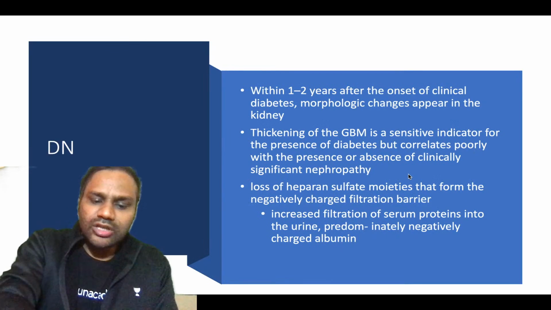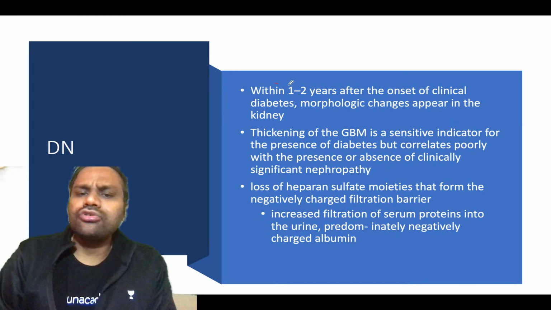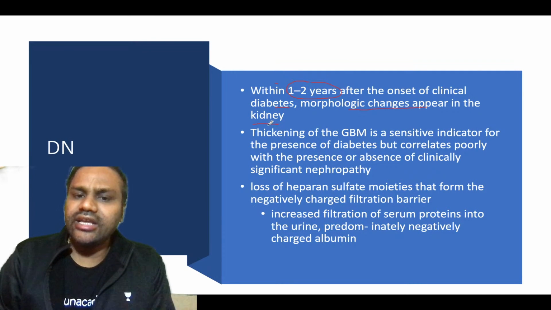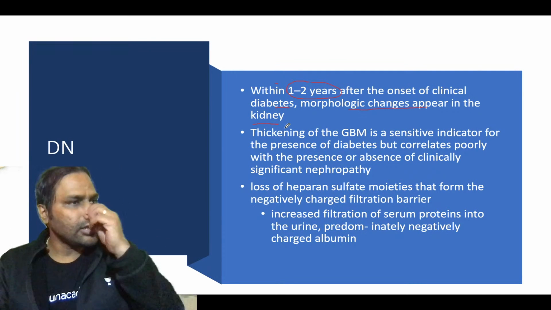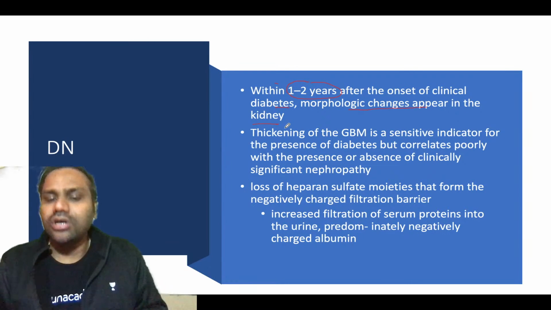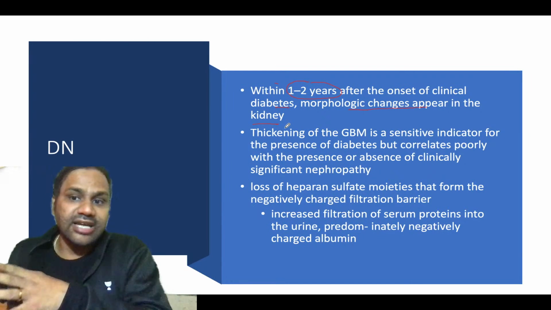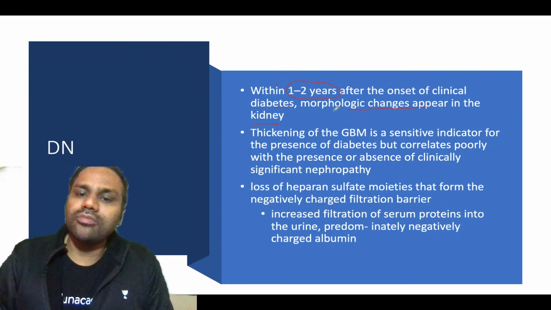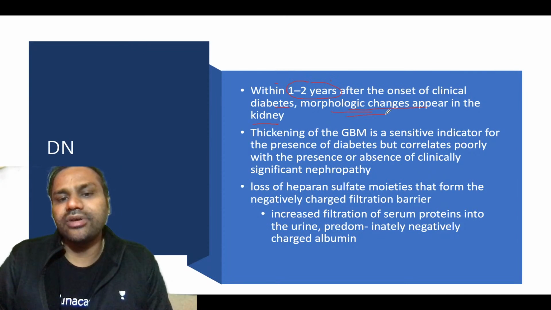Diabetic nephropathy: you need to know that within 1 to 2 years after the onset of clinical diabetes, morphological changes appear in the kidney. In type 2 diabetes mellitus we never know when it started, so within 1 to 2 years you normally see the morphological changes starting to appear in the kidney.